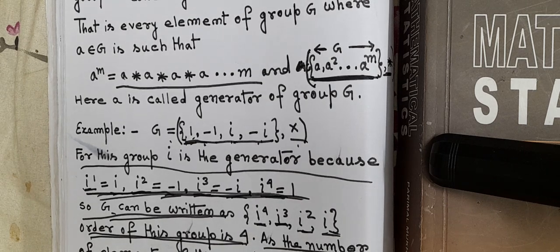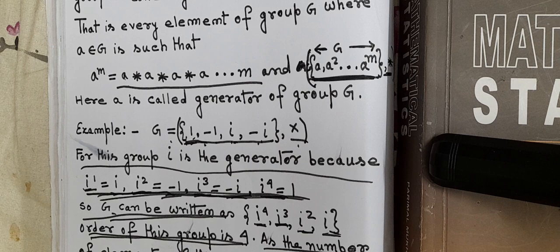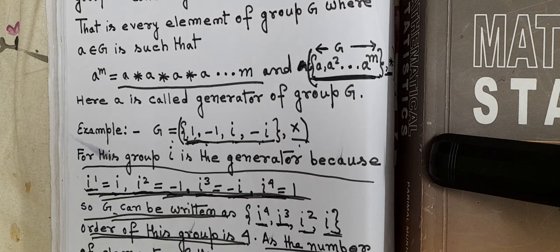That means if you consider -i, it will also give you i to the power 4, i cubed, i squared, and i as the elements of G. So if i is the generator, then its inverse -i is also a generator of the cyclic group.